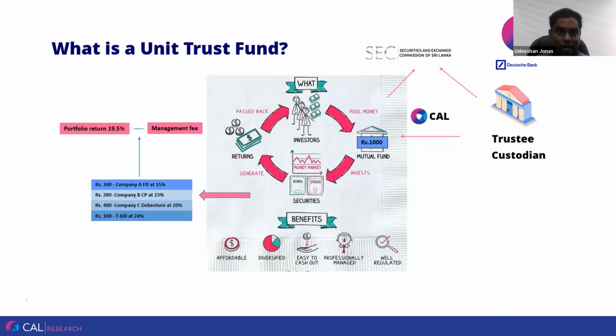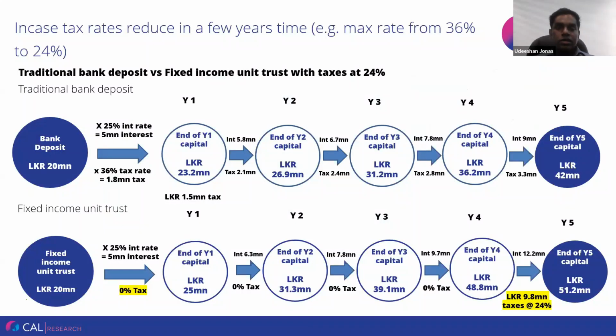So this is just to give an idea of what a unit trust is before we look at how we can use a unit trust to effectively manage our investments. As I mentioned before, there is a very high possibility that your income tax rates can be reduced in 2-3 years time.